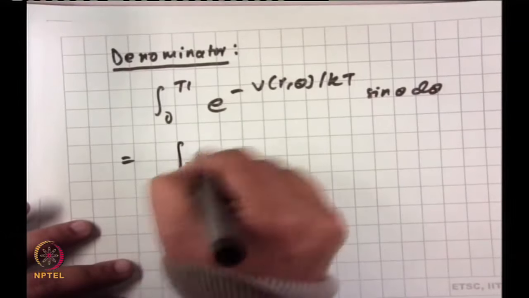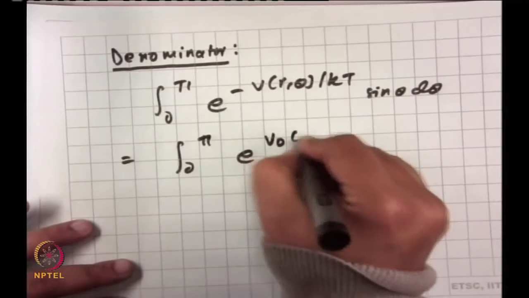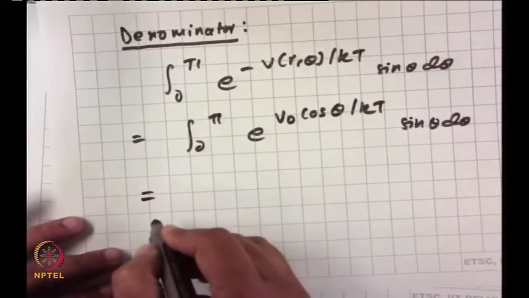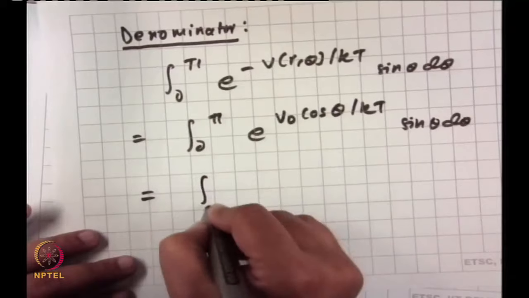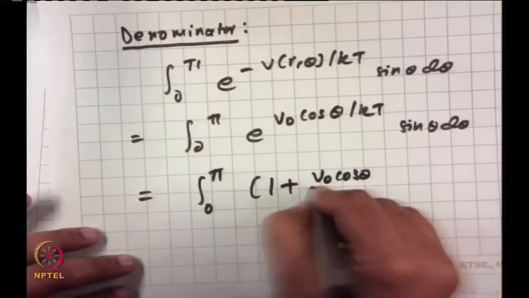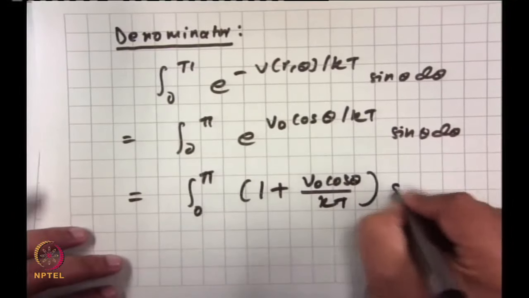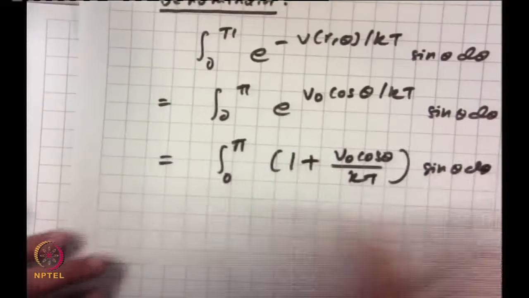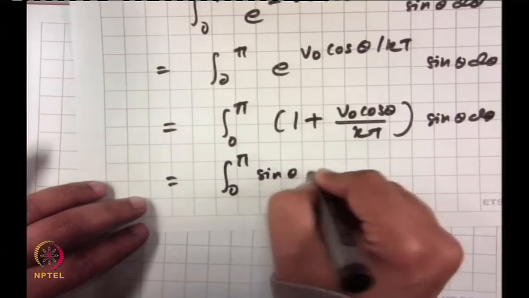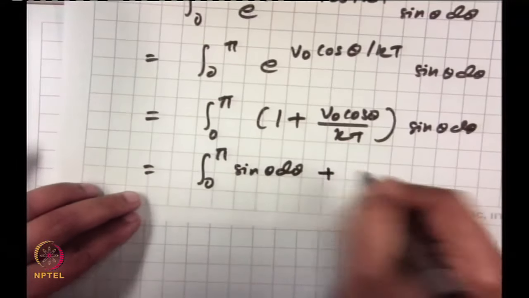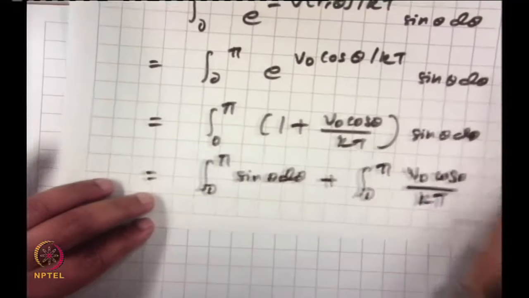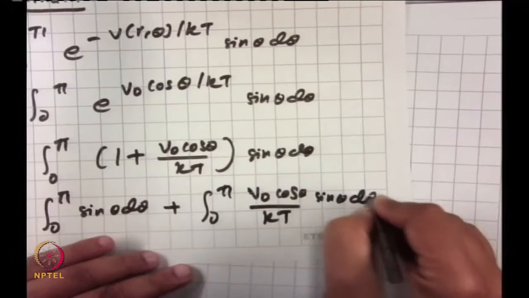So, this is essentially again 0 to pi e to the power V0 cosine of theta over kT, sin theta d theta, and using the assumption which we have already made in the previous sheet, we can write this as 0 to pi, 1 plus V0 cosine of theta over kT, times sin theta d theta, and this I can further simplify as 0 to pi sin theta d theta plus 0 to pi V0 cosine of theta over kT, sin theta d theta.